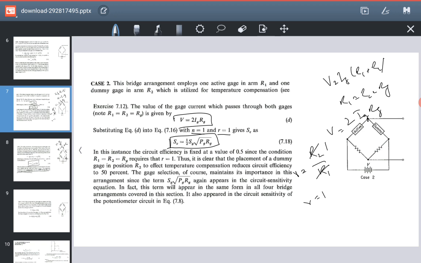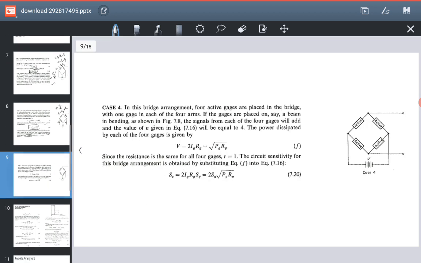I think it will not have a significant effect, which is why we do not have such a case. So the author of the book did not place a dummy in place of R3.